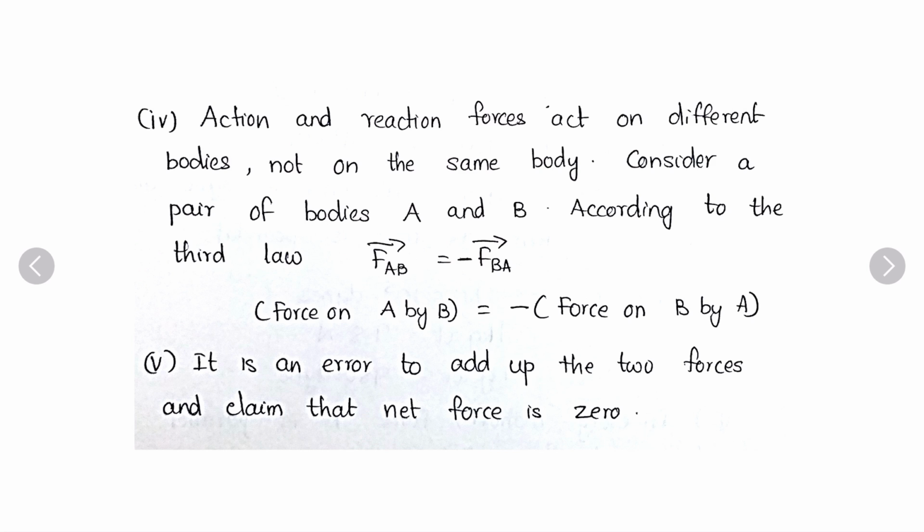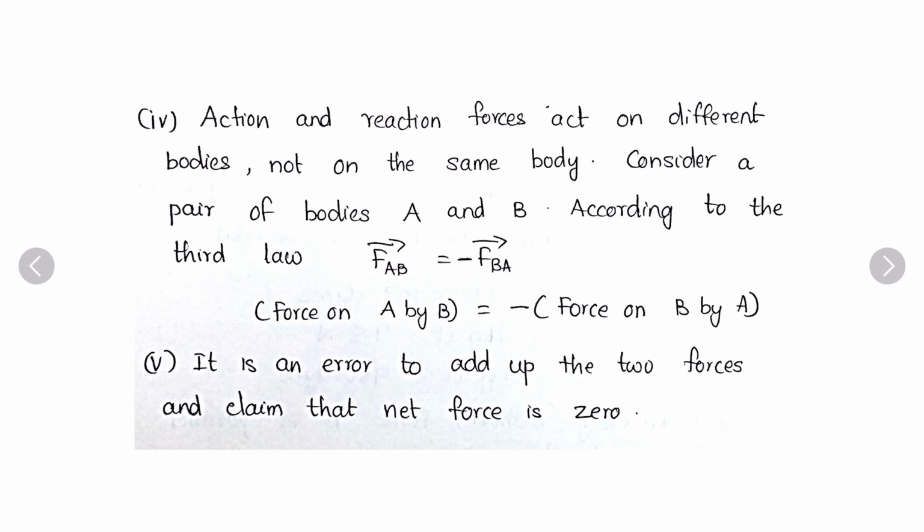This is because the feet of the passenger move with the bus, but the remaining body of the passenger remains at rest due to inertia of rest. So he falls backward. A passenger standing in the bus gets thrown backward with a jerk when the bus suddenly starts moving.